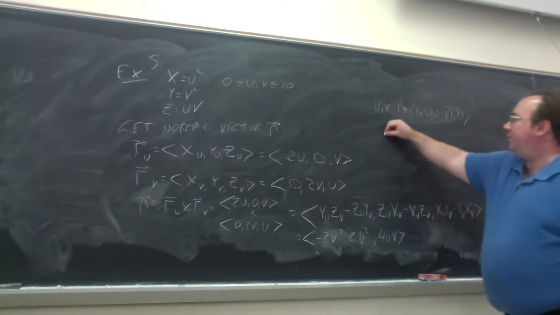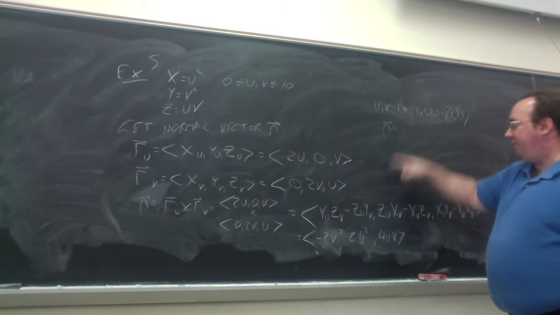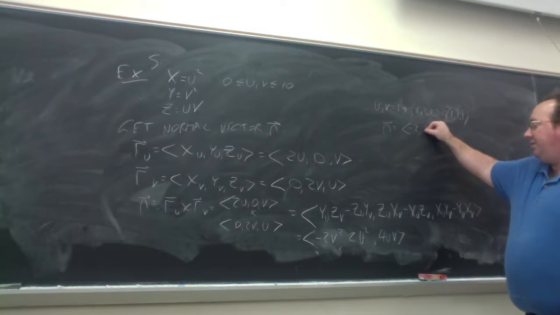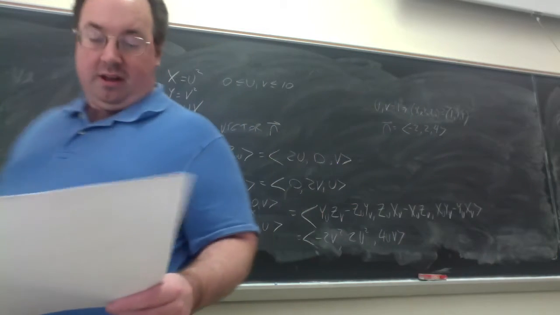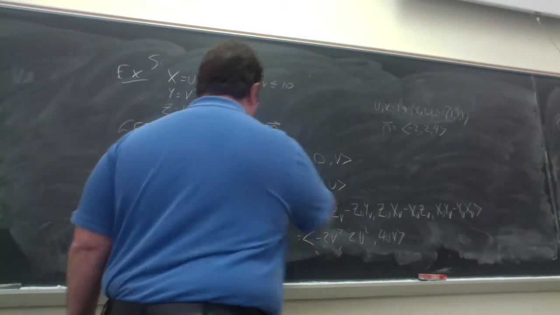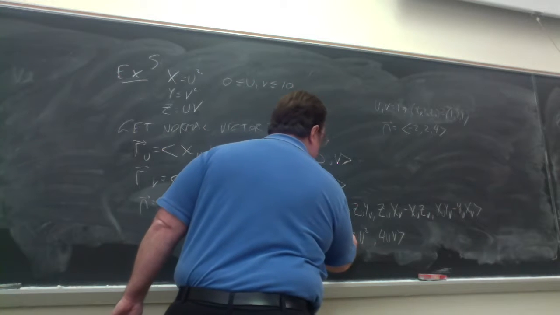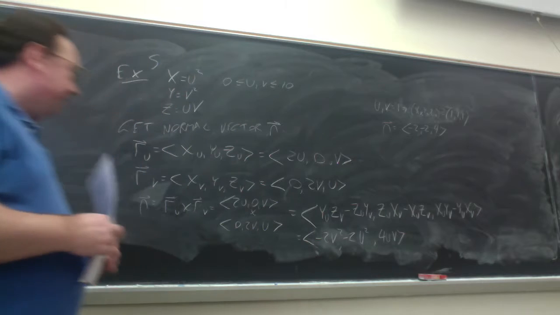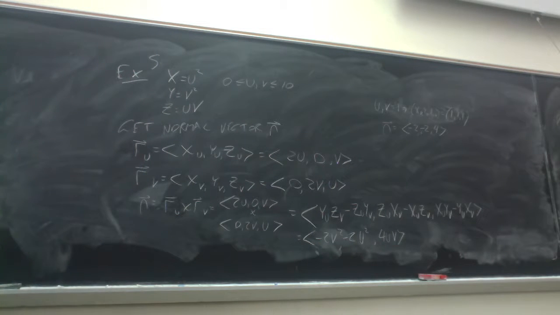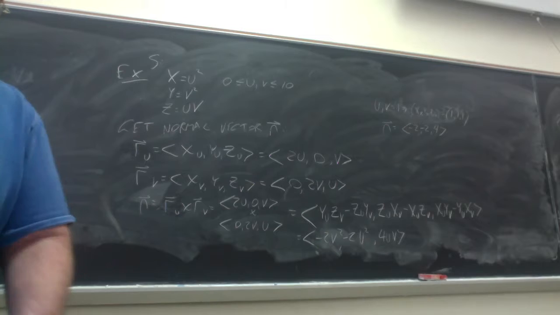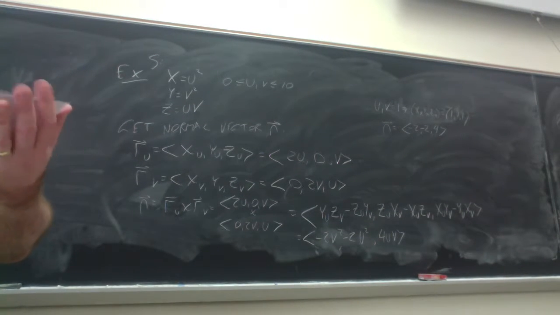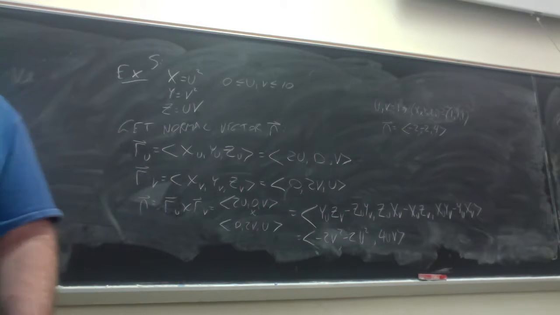So then for the normal vector, fill in u and v equal to 1 down here, so you get minus 2, 2, and 4. Hold on. Sorry, that should be minus 2u squared.